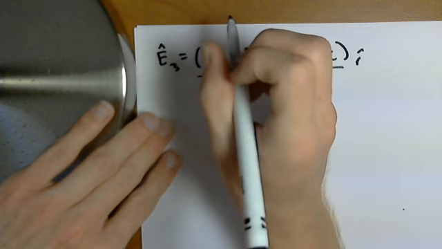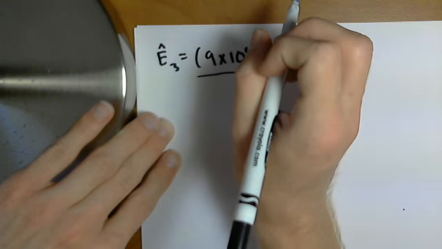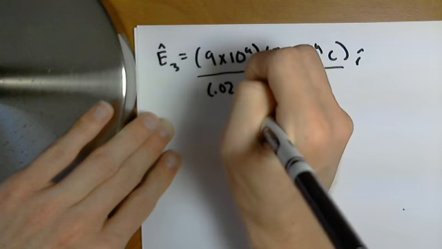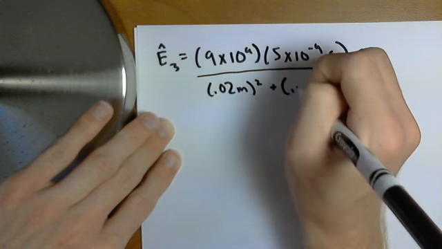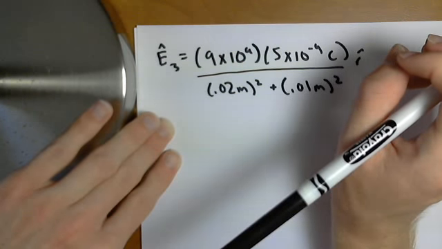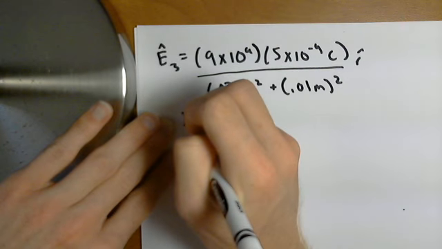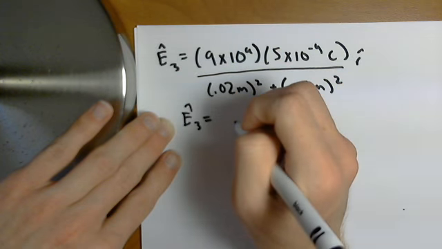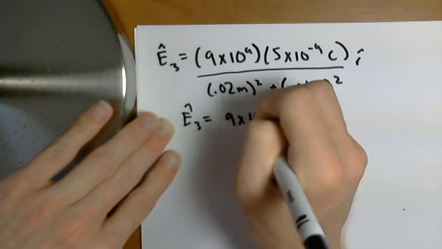Now remember, before we did the a squared plus b squared equals c squared thing, and we're just going to do that again since it's the same distance. So 0.02 meters squared plus 0.01 meters squared. And so we are going to get the answer 9 times 10 to the 4th.